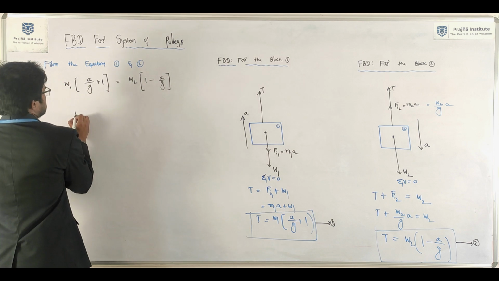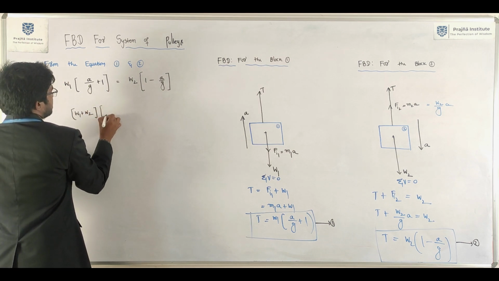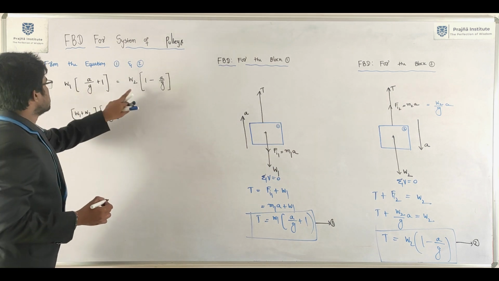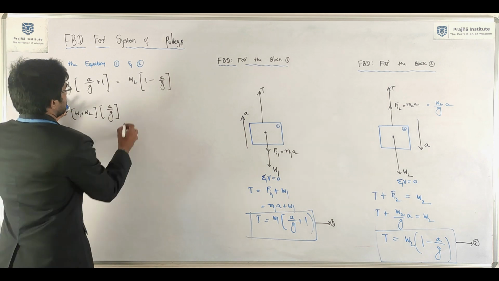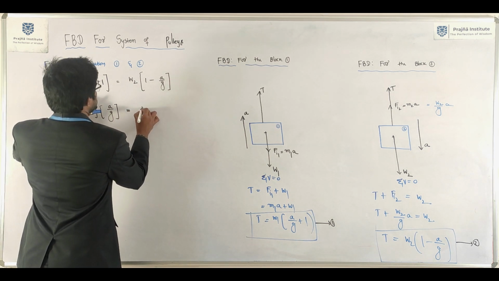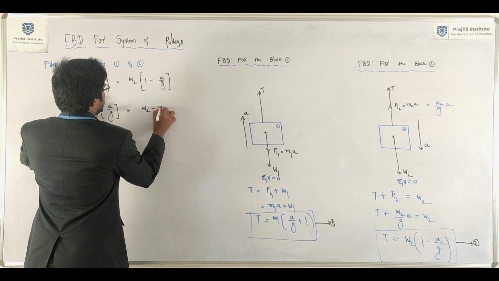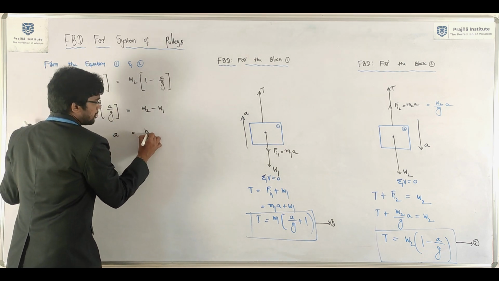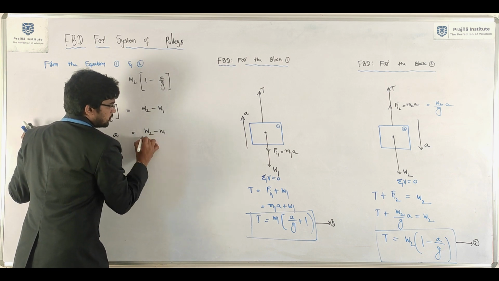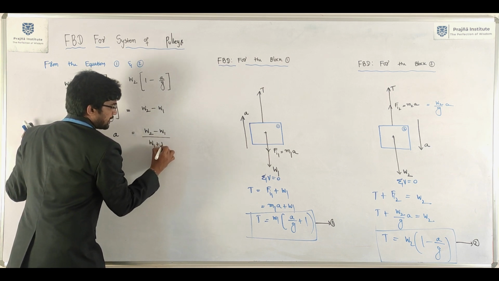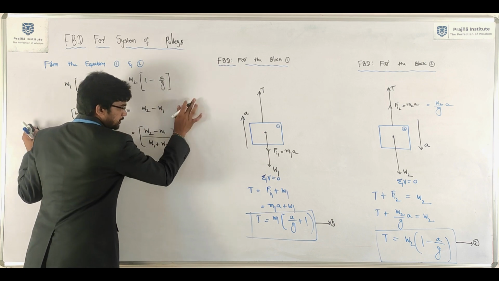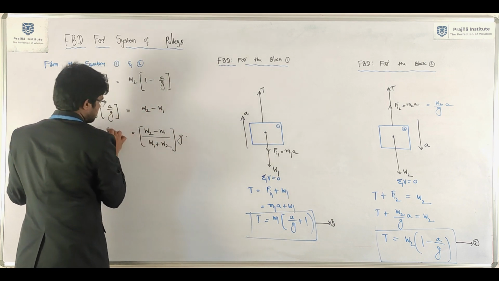From here, (W1 plus W2) into A by G equals W2 minus W1. Finally, A equals (W2 minus W1) by (W1 plus W2) into G.